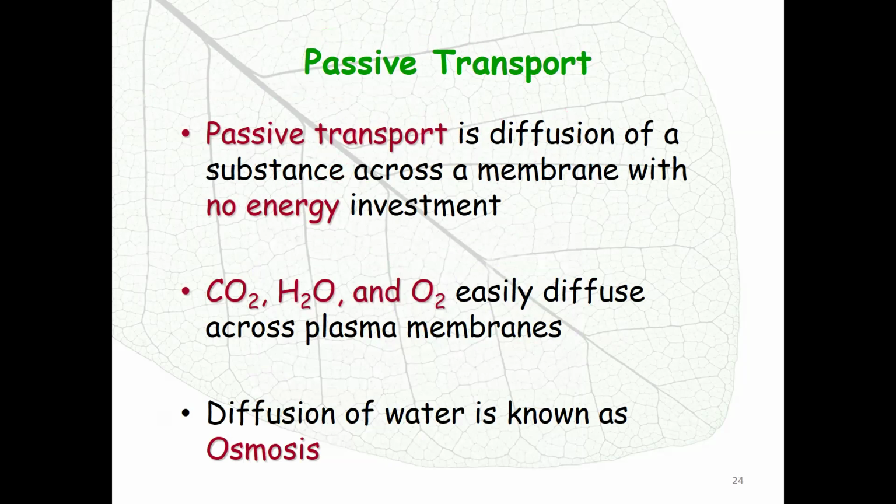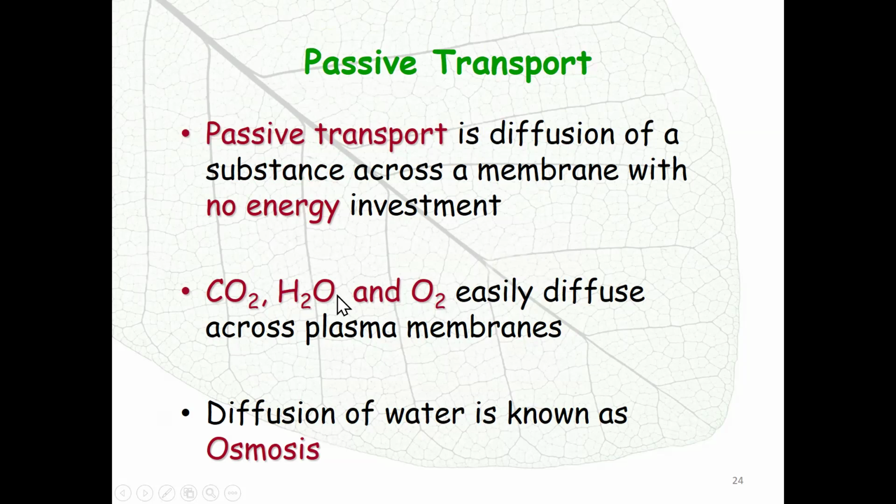There are two types of exchange and transport of molecules. One is called passive transport, which is diffusion of a substance across the membrane with no energy investment. Energy is not required for carbon dioxide, water, and oxygen to easily diffuse across the plasma membrane.